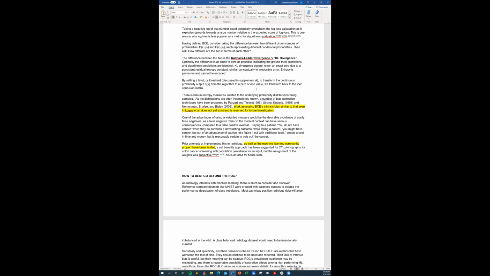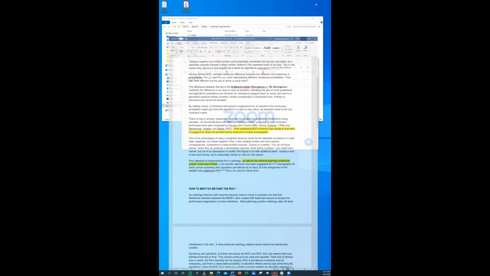I was just trying to say that you're never going to get a perfect KL divergence, because there's an error term in there that just doesn't go away because of persistent residual entropy. But that's probably out of scope, so let's leave that alone.